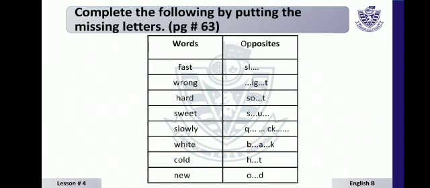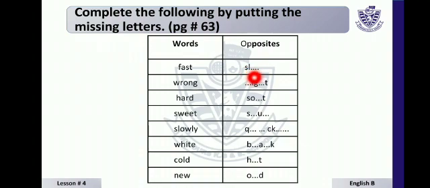Now let's start its exercise. Students, we will write the opposites of these words. Complete the following by putting the missing letters. Fast, slow. We will write here the spelling of slow.